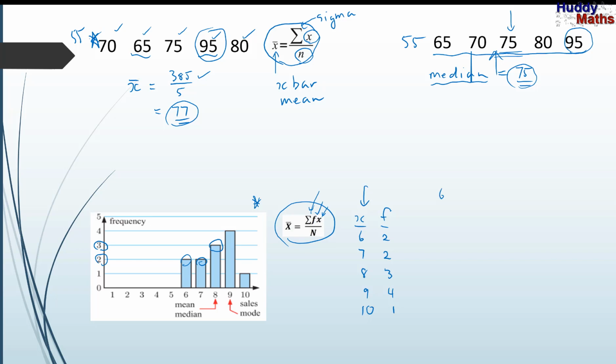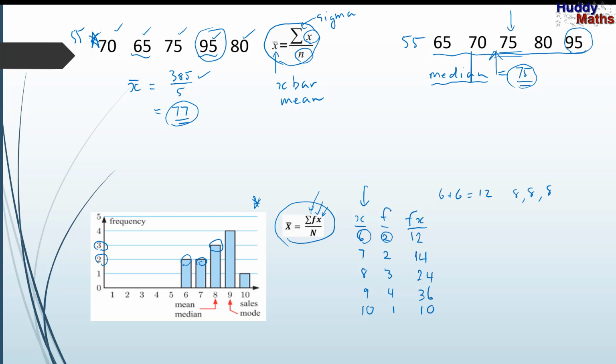Instead of saying two 6s, 6 plus 6 is 12, I'll multiply 2 by 6 and get an fx column, which is 12, and then two 7s, 14. The 8s, if you lined them all up, would add up to 24. Four 9s is 36. One 10 is 10.